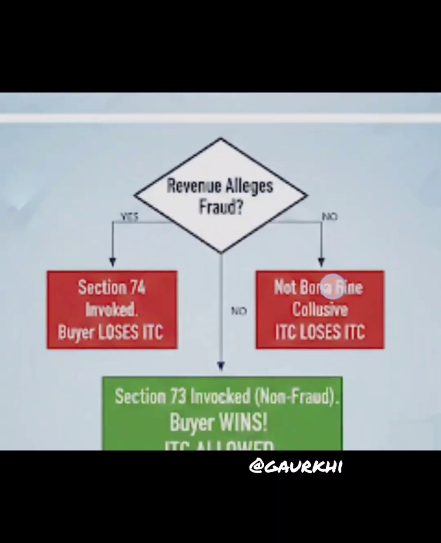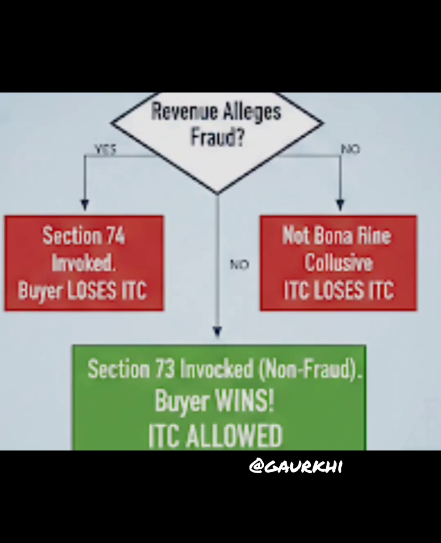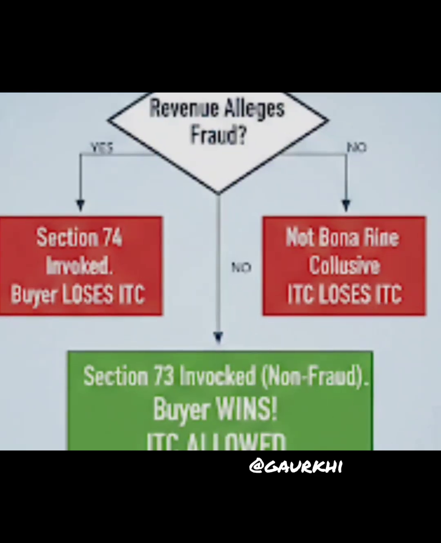So accordingly, the court held that the buyer has paid, the buyer has the invoice, the buyer has taken the ITC basis what the seller has reported onward. So it is a bona fide one, so we are allowed to take the ITC.